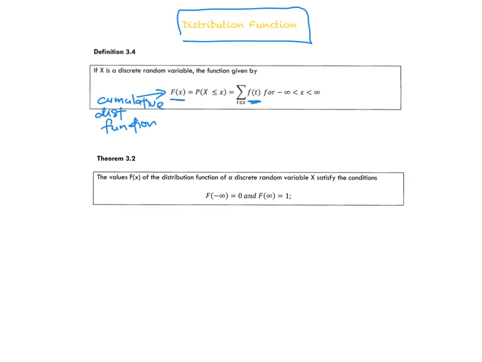It is called the distribution function or the cumulative distribution of x, for negative infinity less than x less than infinity.